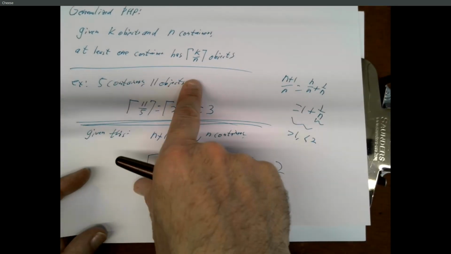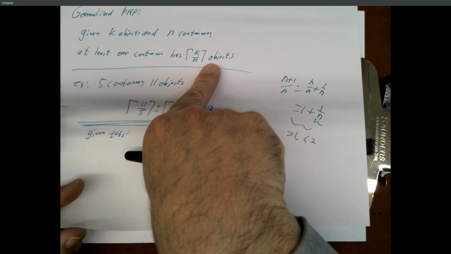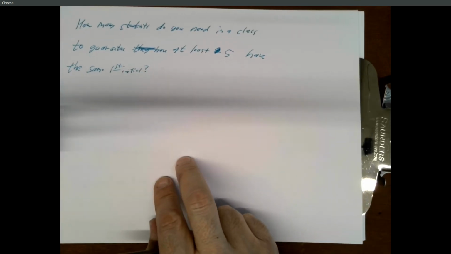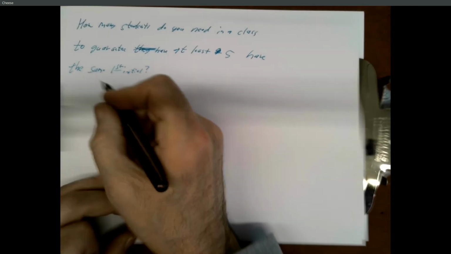And so generalized pigeonhole principle, k objects, n containers, at least one container has ceiling k over n. So our containers are booths based on your initial, so A through Z, so we have 26 containers.